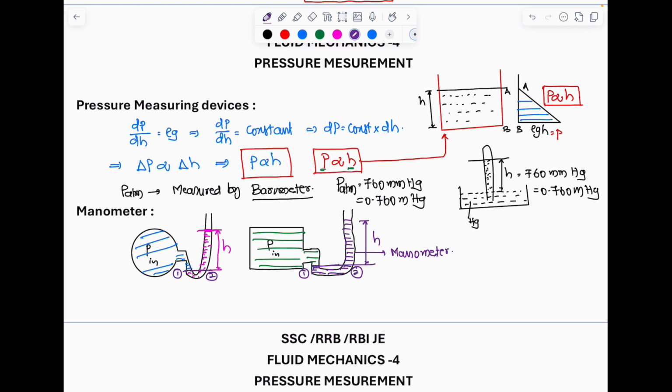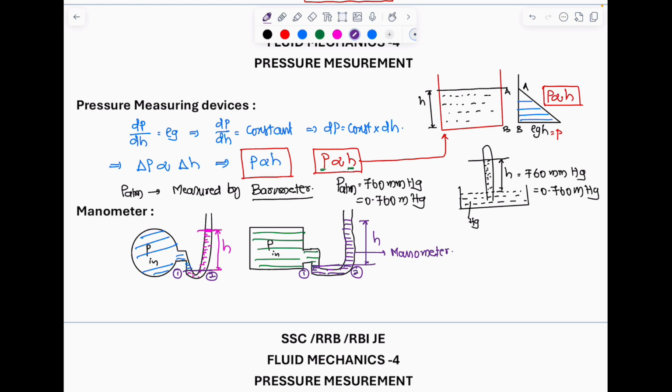Either I can use water or any liquid, but usually we use mercury for measuring. The reason for using mercury I have explained in my previous 3 lectures. Because mercury is heavy, whose specific gravity is 13.6 and whose density is 13,600 kg per cubic meter.